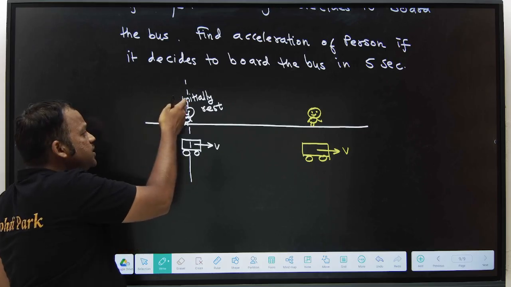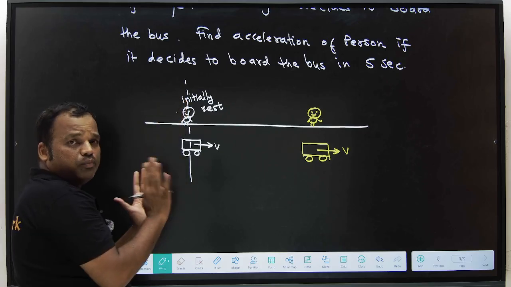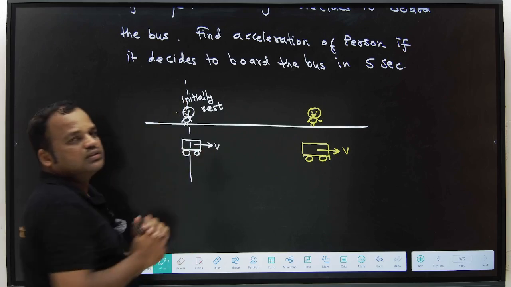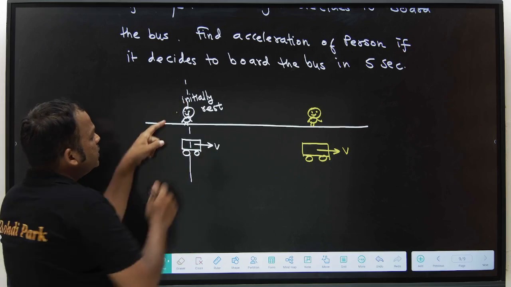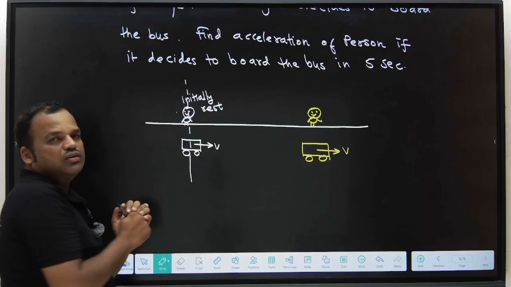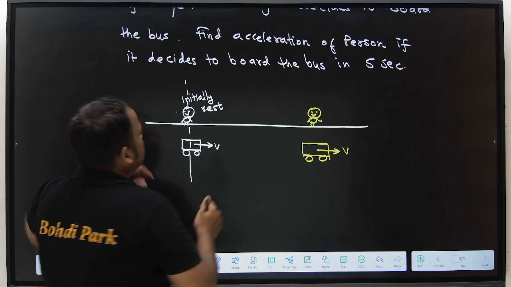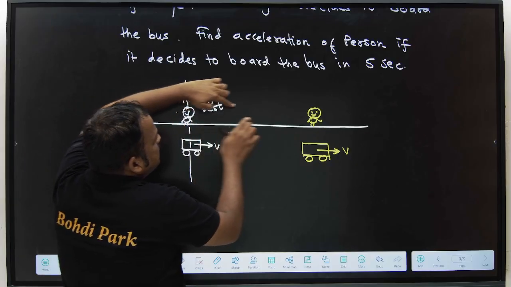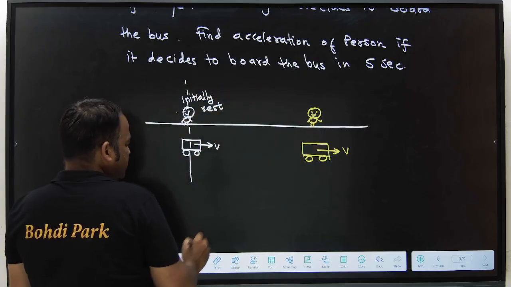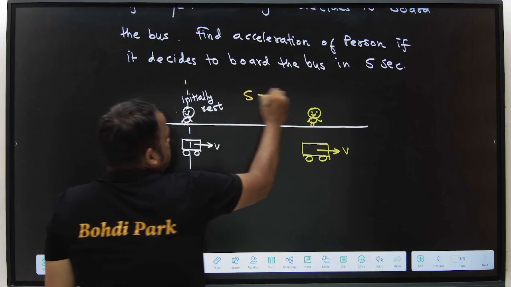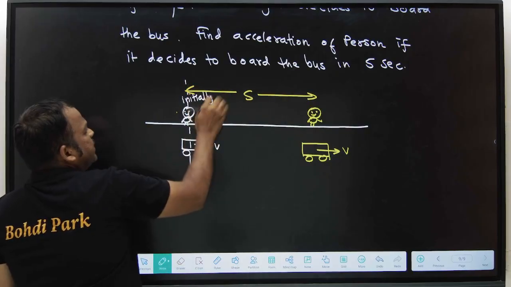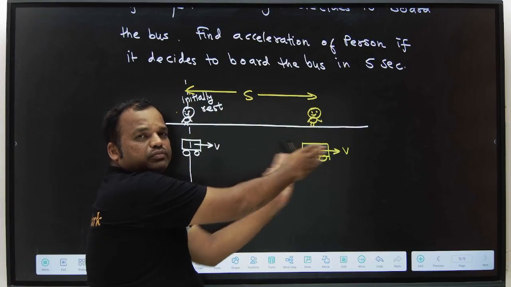A person who is at rest cannot board a moving bus. A person can board the moving bus only when the person is in motion. So the person will accelerate. Let's suppose it will cover displacement s in the direction of motion of the bus.